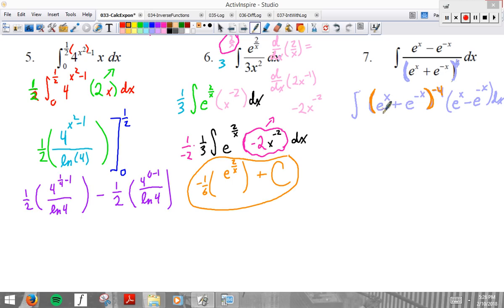The derivative of e to the x is e to the x. The derivative of positive e to the negative x is e to the negative x. You keep it the same, and then you multiply by the derivative of the power. What's the derivative of negative x? It's -1.